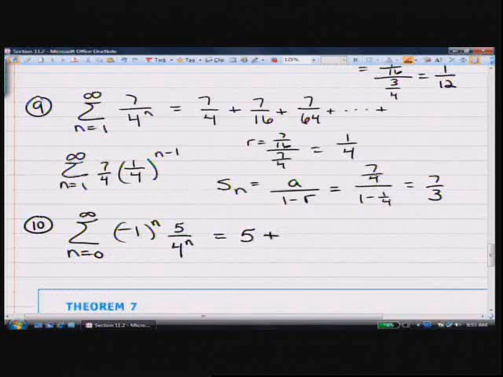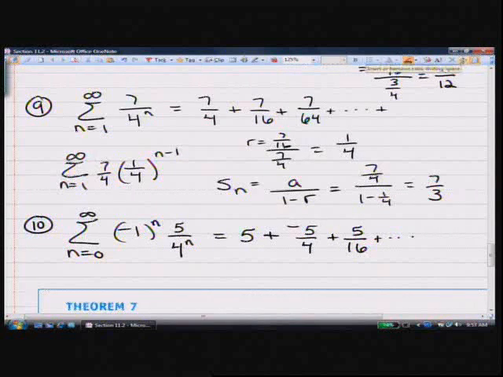And the second term, when we put 1 in, will be -5/4, right? And when we put 2 in, it will be 5/16. What's my R, Brandon? 1/4.